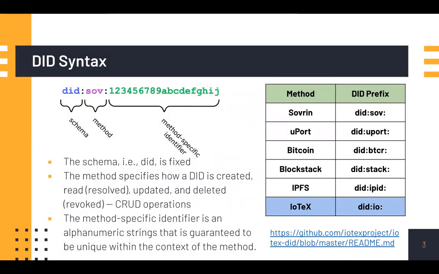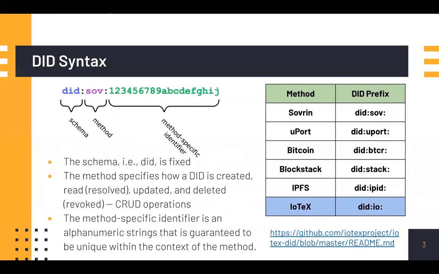What does a DID look like? From this figure, you can see it starts with the three-letter DID, which is fixed. Also, we have the DID method, which follows after that colon. In this case, it's SOV. This is called the DID method, which specifies how a DID is created, read, updated, or deleted.